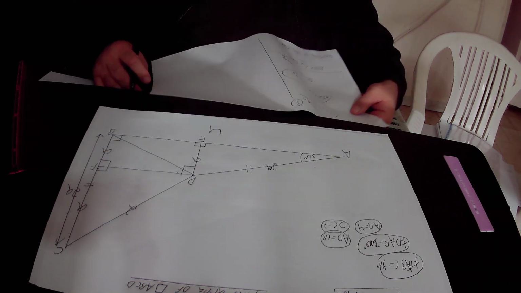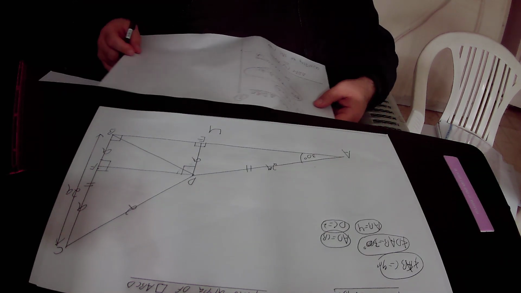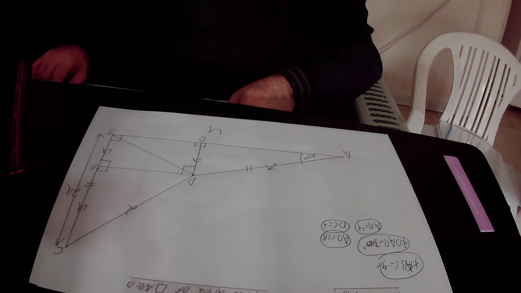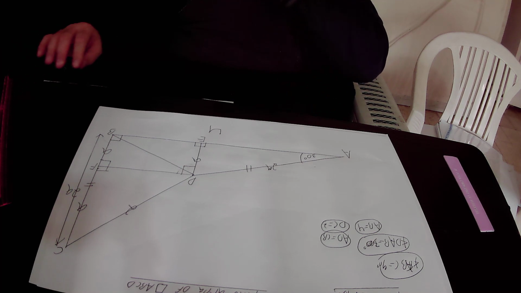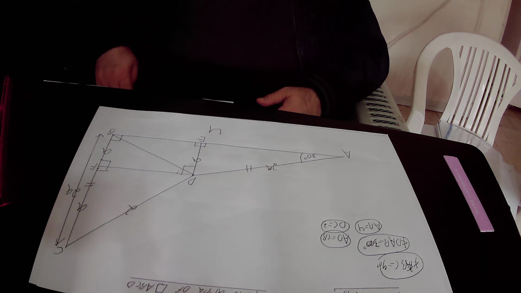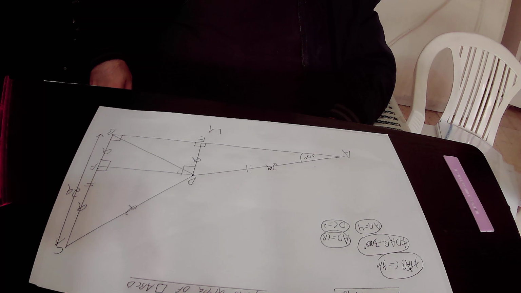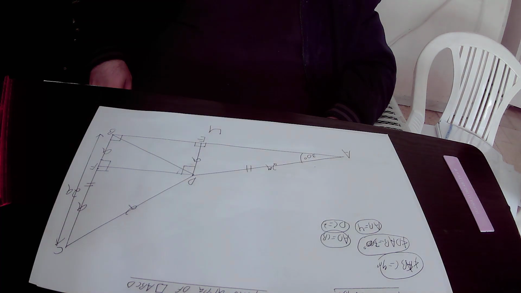So, what is the side angle side rule? The side angle side rule is that if you prove two sides and the angle located between them in one triangle congruent to two sides and the angle located between them in another triangle, then those two triangles can go into each other.